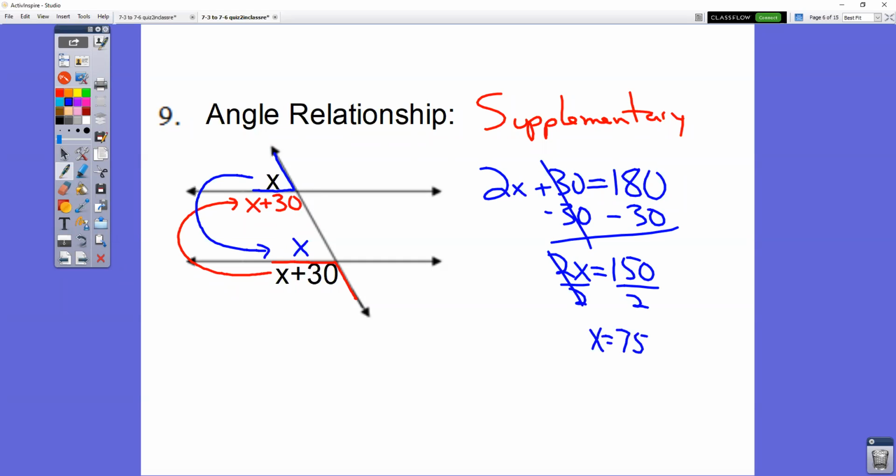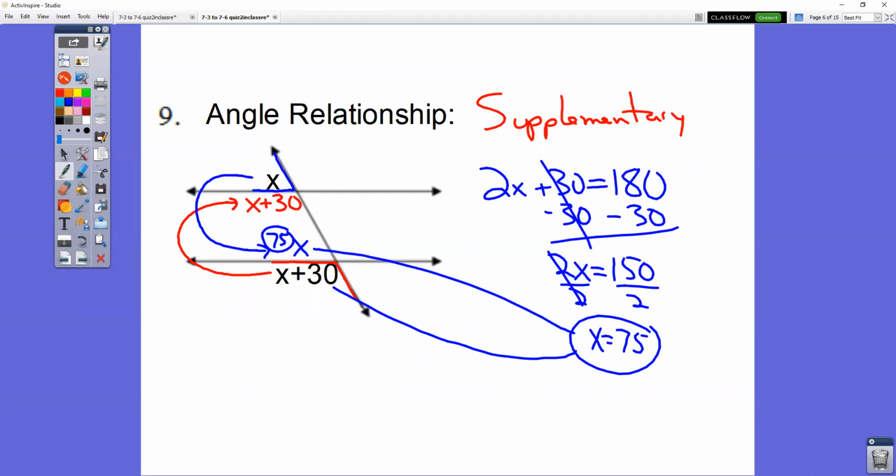X equals 75. Take that 75, sub it back in, sub it back in. So this angle is 75. 75 plus 30 is 105. Always make sure that your answer makes sense. 75 plus 105 does give us 180. Go ahead and do question number 10.